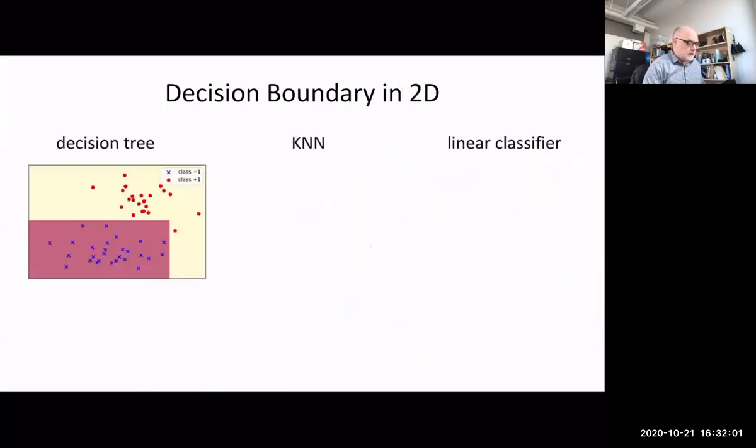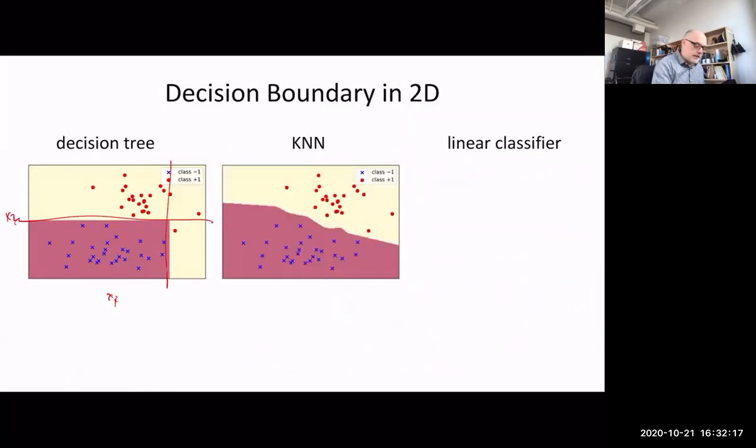All right. Now we are used to thinking about decision boundaries in some two-dimensional feature space x1, x2. We've got decision trees, which had axis-aligned splits. That was our decision tree boundary. In k-nearest neighbors, we had a non-parametric regressor where the decision boundary is a function of some number of nearest neighbors.